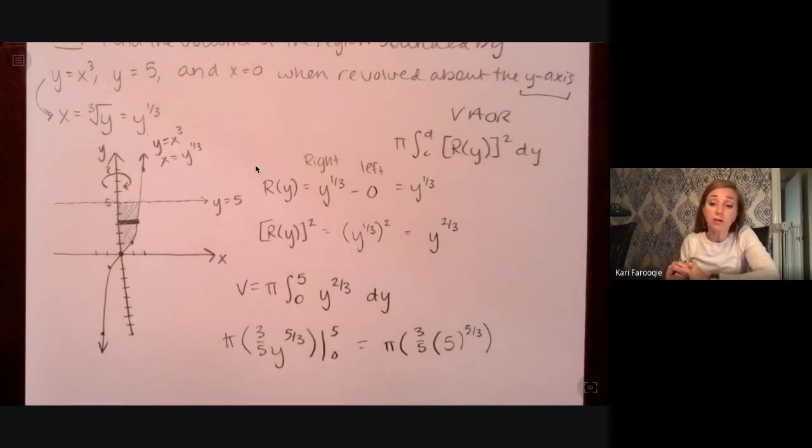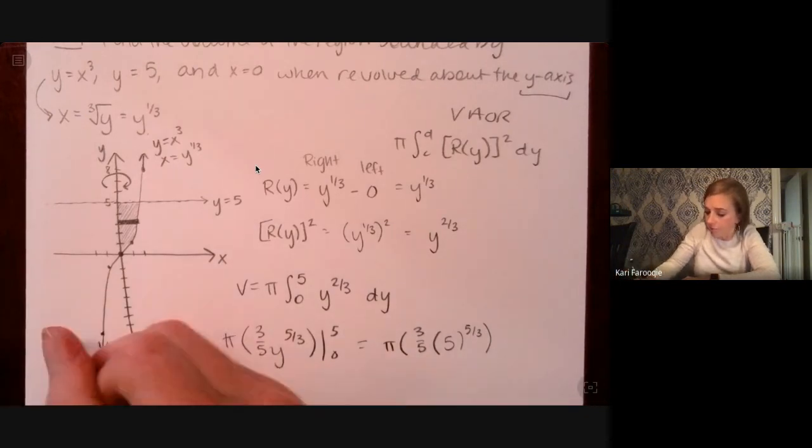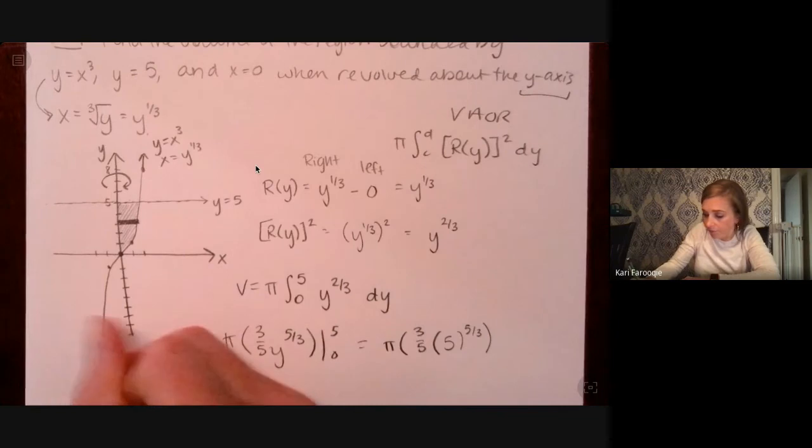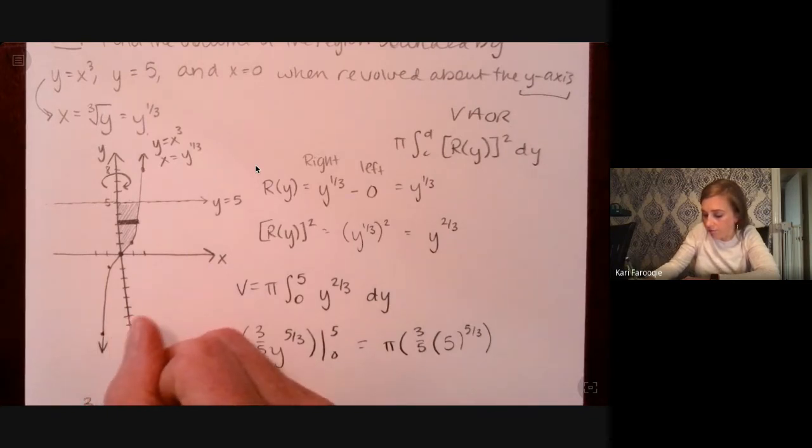By the way, Achieve might accept this as some weird decimal approximation if you had this instance. 5 to the 5/3. Well, first of all, I'm going to rewrite this as 3/5 pi. And then we're going to multiply this by 5 to the 5/3.